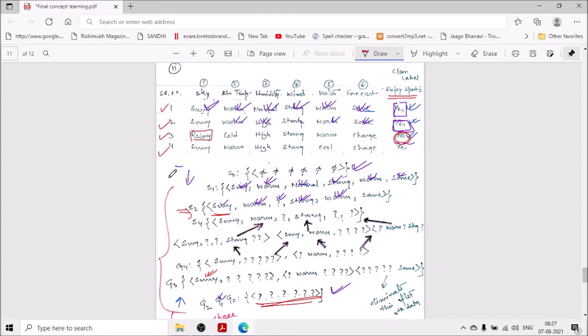Here it is most specific, and this one is the most general. So we can say these hypotheses are more specific than this hypothesis. Here in this particular part, we include only one attribute, we consider only one attribute.